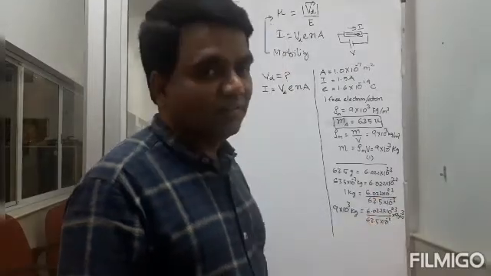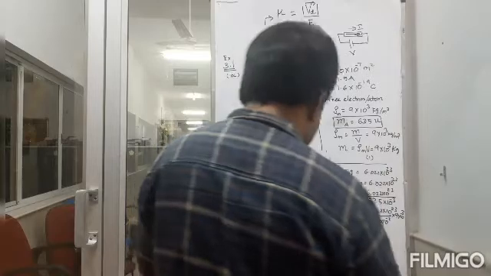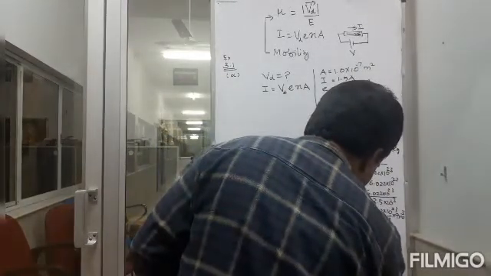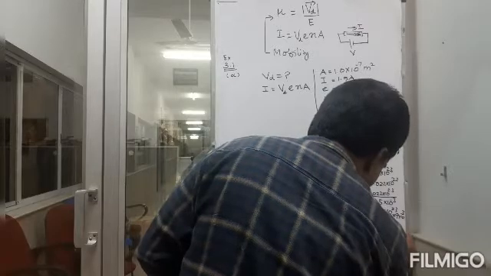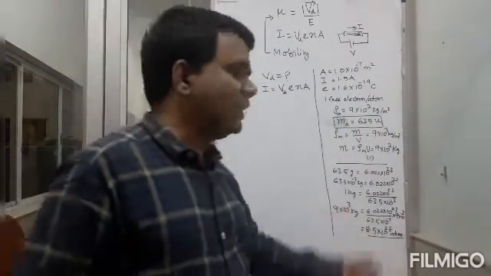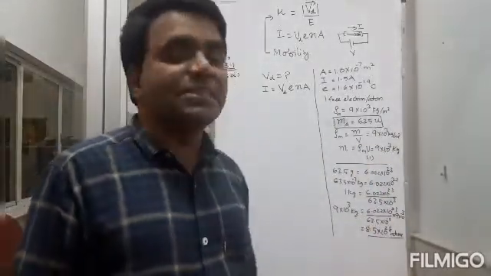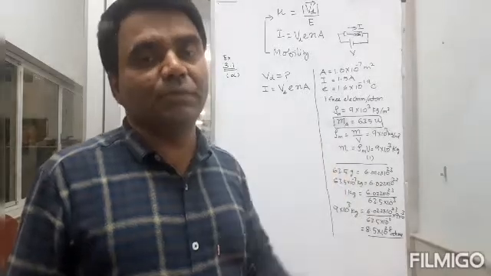And 6 by 7 would be approximately 8.5. The answer is 8.5 into 10 power 28 atoms. So in 9 into 10 power 3 kg, in 9 tons of copper, we are going to have 8.5 into 10 power 28 atoms of copper.